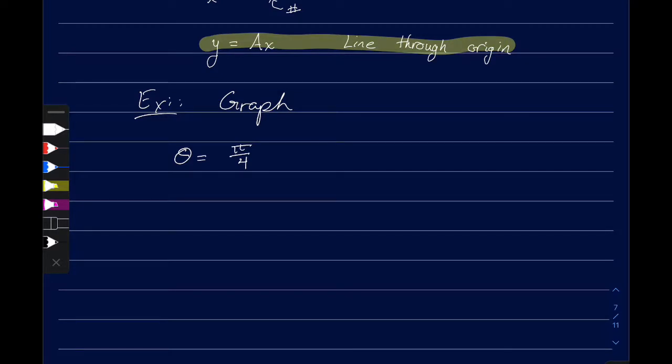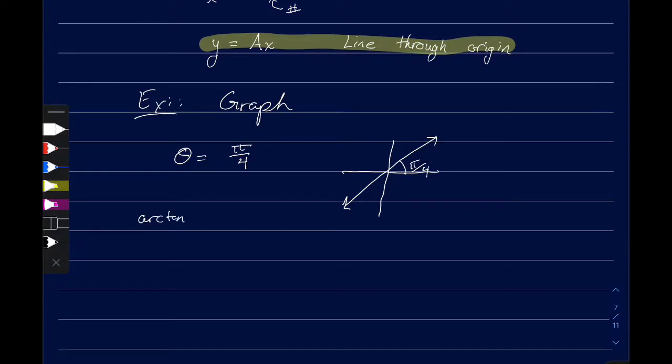So a quick example illustrating this, let's have theta equal pi over 4. So it's going to be a line through the origin with an angle of pi over 4. And we know that this line should just be y equals x. So let's find out.